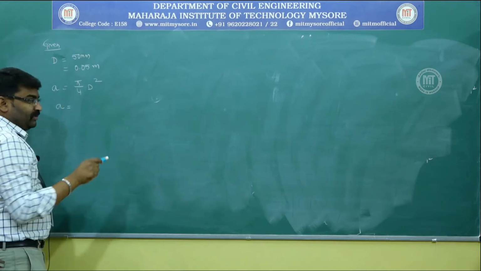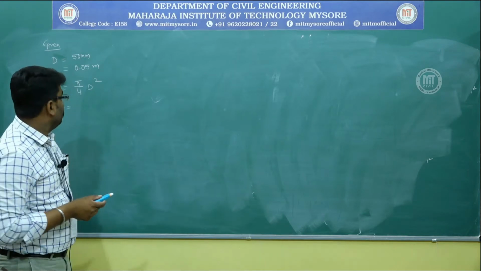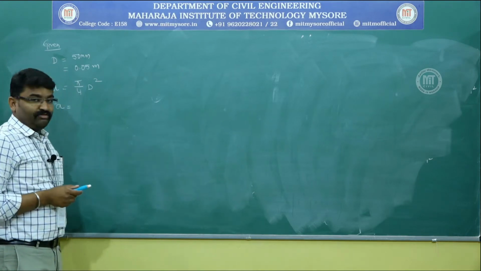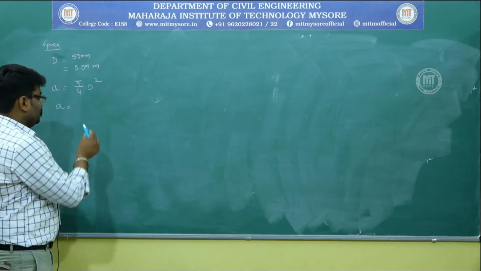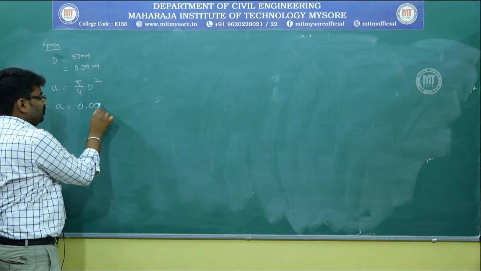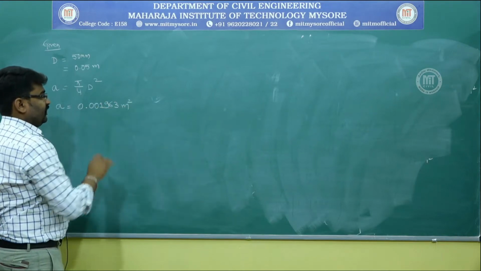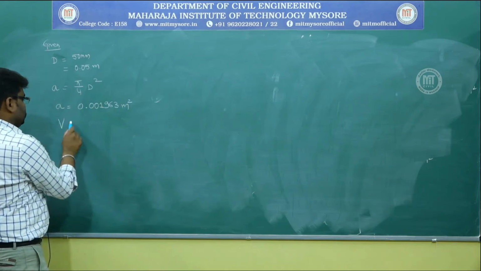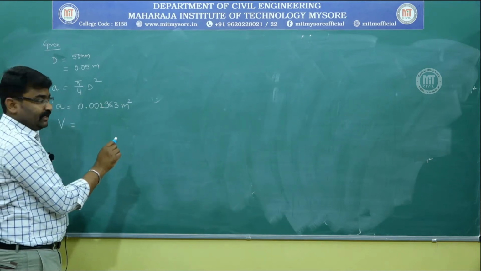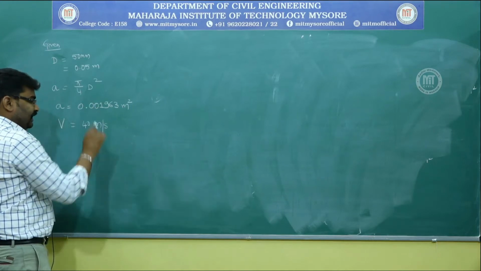Professor Manjunath will help me with the values. Can I have the value? Pi by 4 into 0.05 square. 0.001963 meter square, and then you have the velocity of the jet being equal to 40 meter per second.